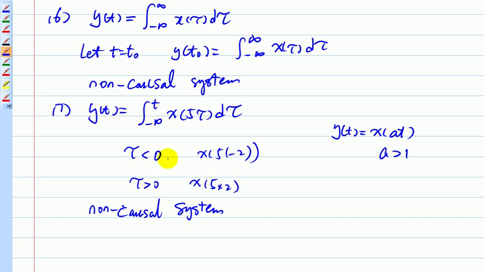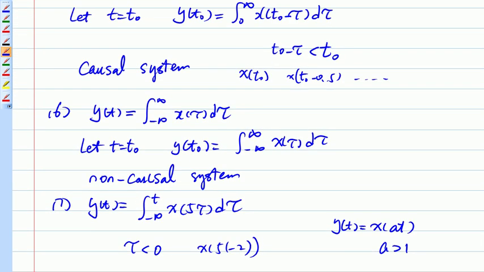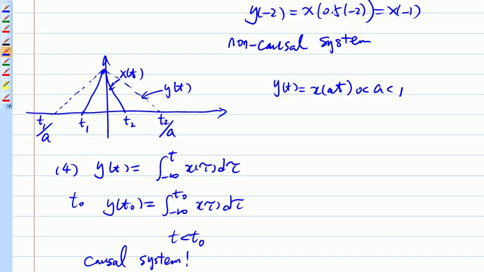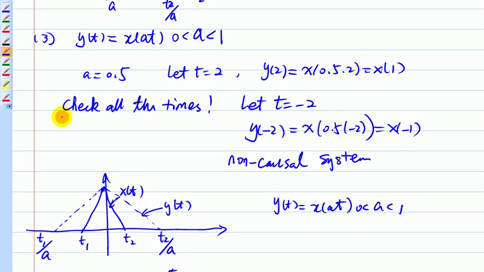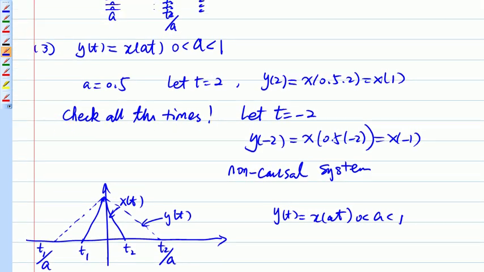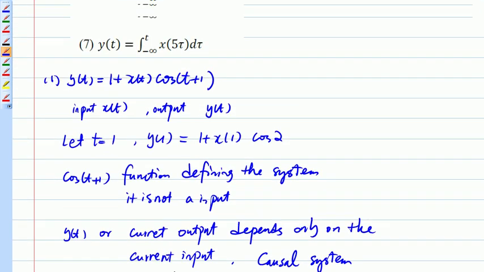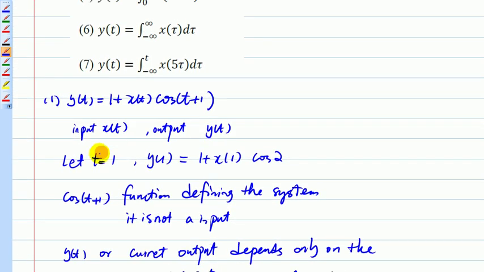Many times you need to inspect it. However, there are two things you should be careful about: number one, check all the times. And number two, don't mix up the input and any other function defining the system. Okay, thank you very much.